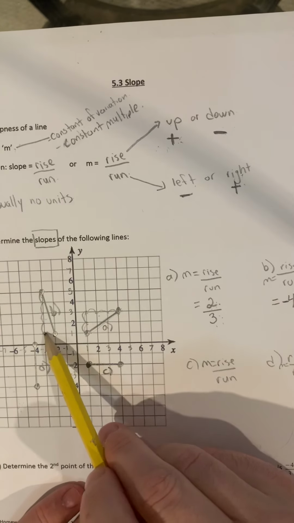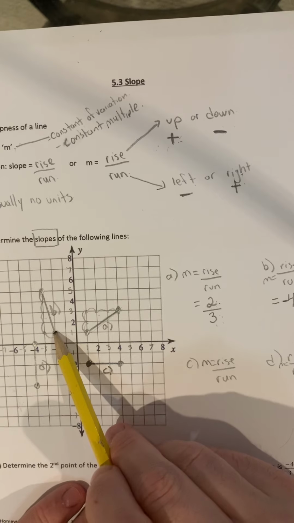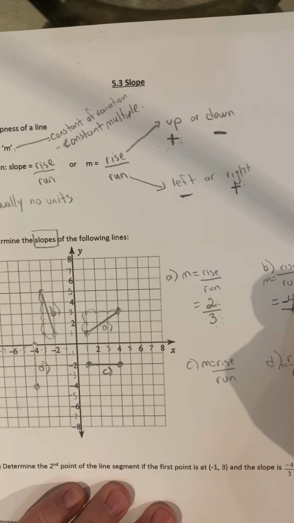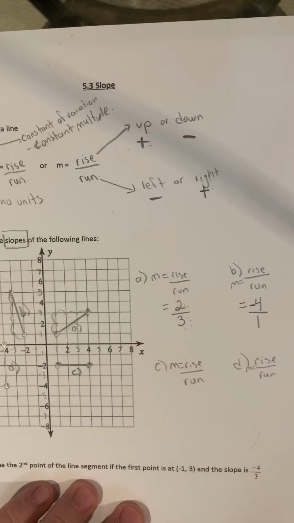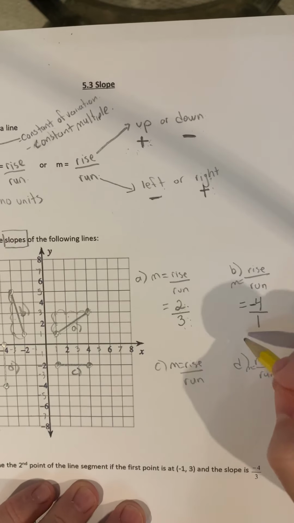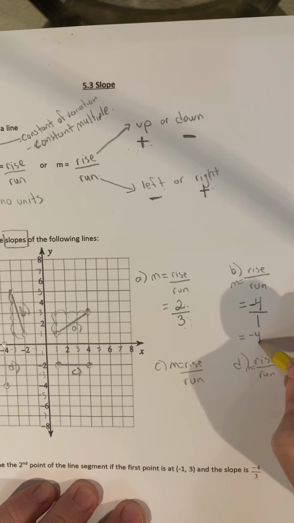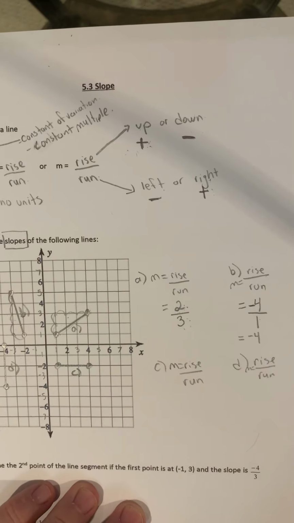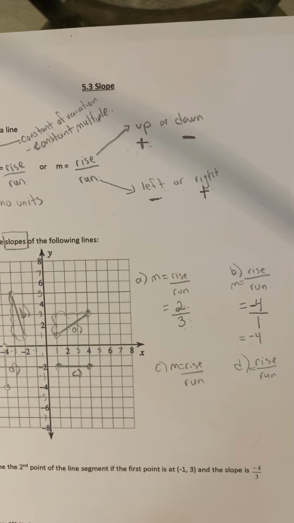Okay, and then from here, we go 1 to the right. So negative 4 over 1 to the right, and if I count right, it's positive. Negative 4 over 1 is the same as negative 4. You don't need to write the 1. If you do, it's fine.